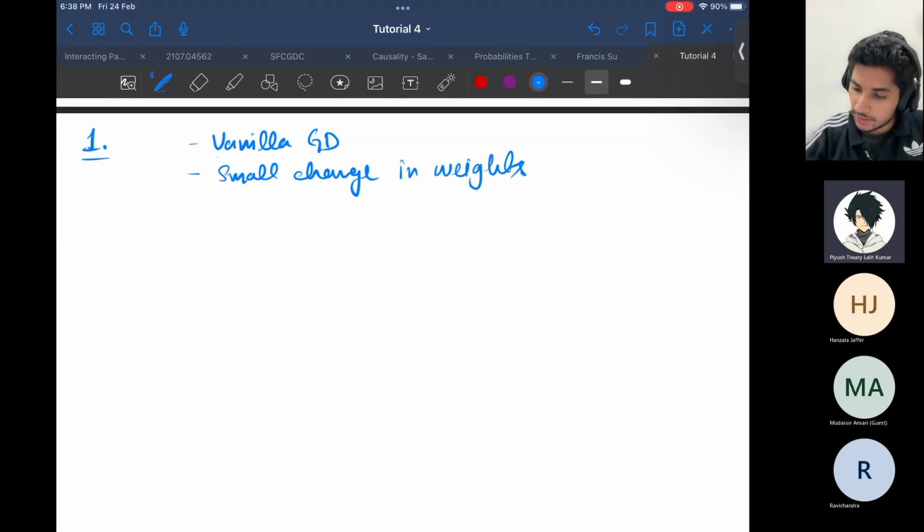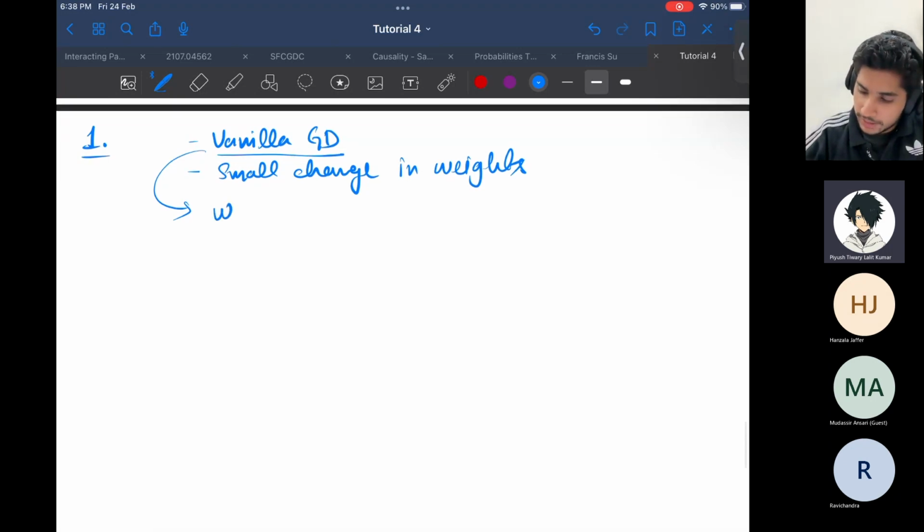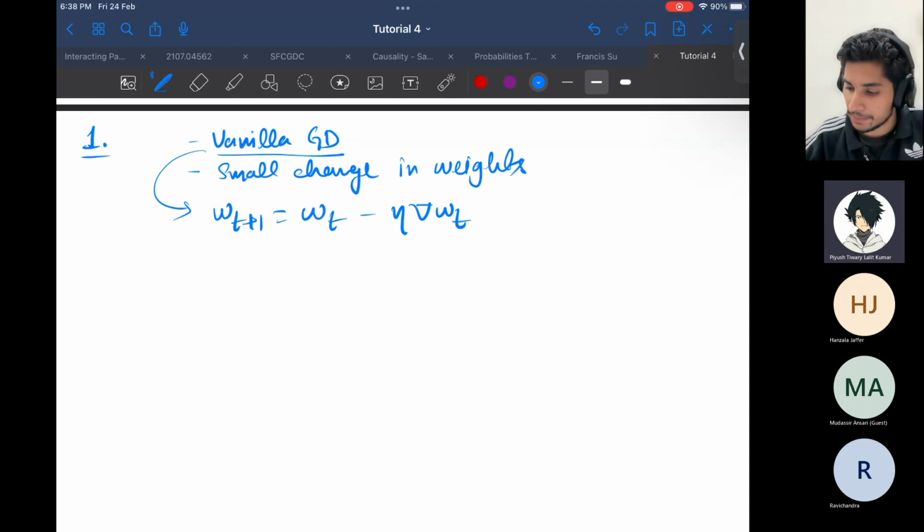So since we are using vanilla gradient descent, the first thing that you should write down is the update step for vanilla gradient descent. Update step is the following: w_{t+1} is equal to w_t minus eta times gradient with respect to w_t. Then you are saying that there is a small change in weights. So what is the change in weights?